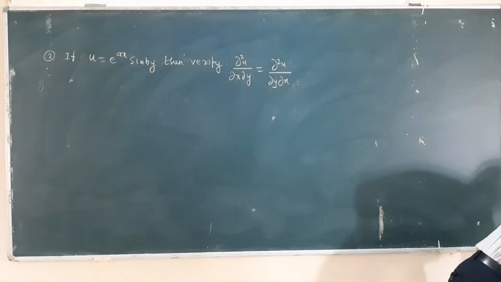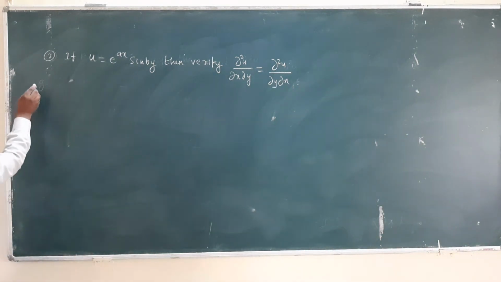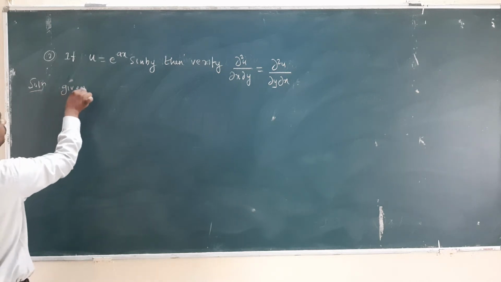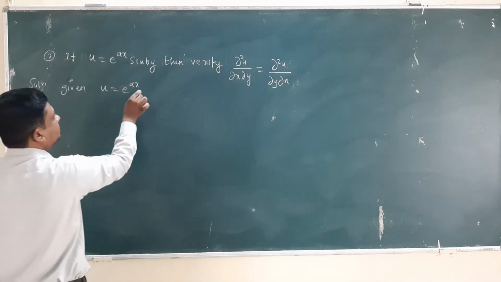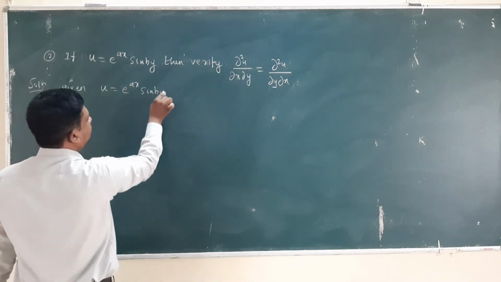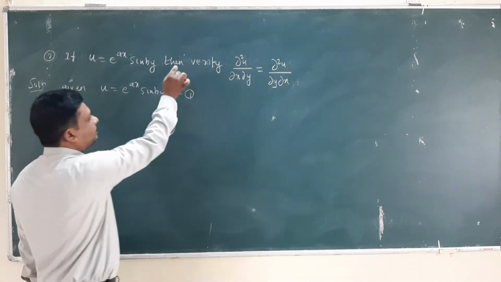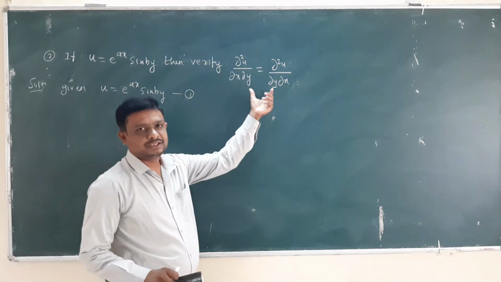So you have to verify this one. So given solution, u is equal to e to the power of ax into sin by. So I will take this one as equation number 1. So here I have to verify this result.